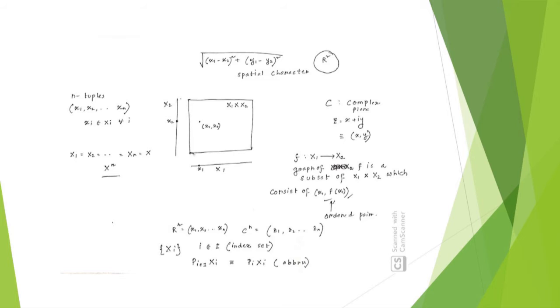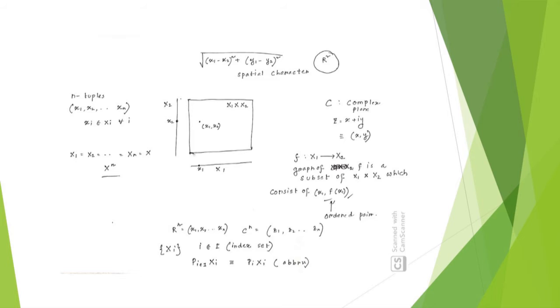These ideas specialize directly to yield the important sets R to the power n and C to the power n. How?